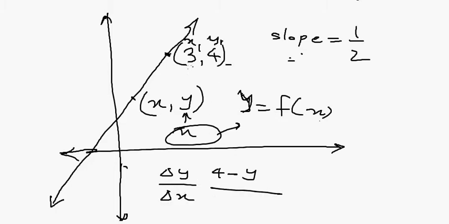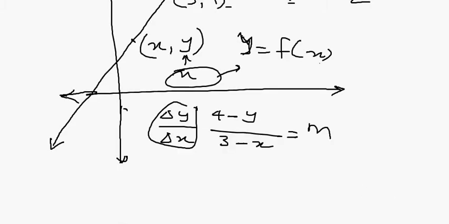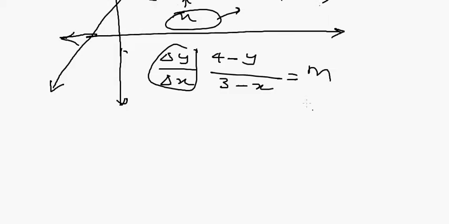So what is change in x over here? x1 minus x, that is 3 minus x. That's change in x, and that's a slope. That's m, because we denote slope with the letter m. So 4 minus y upon 3 minus x is m.